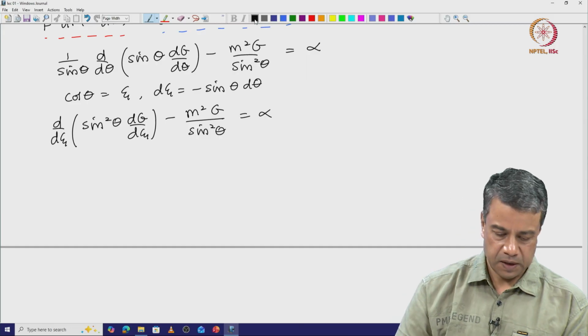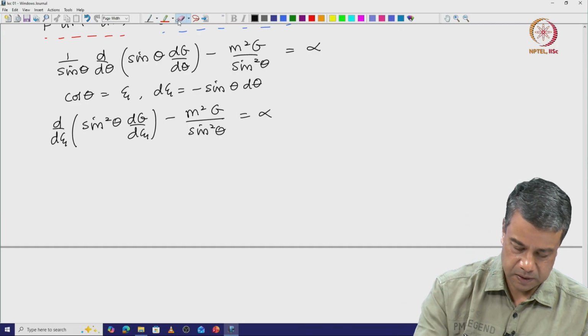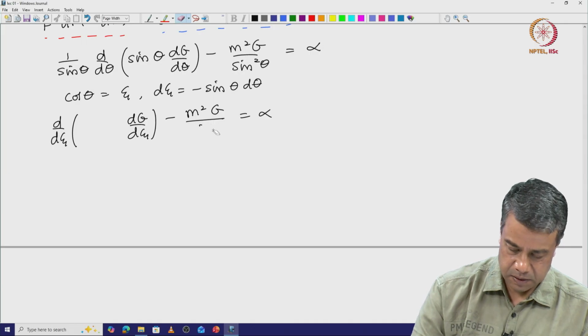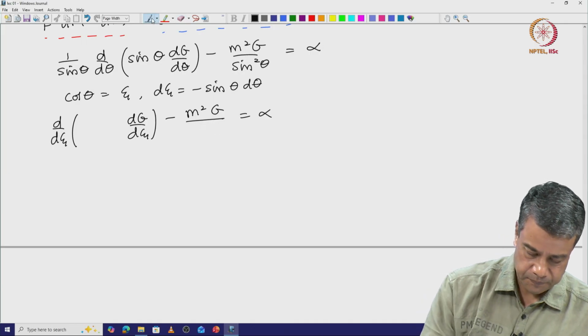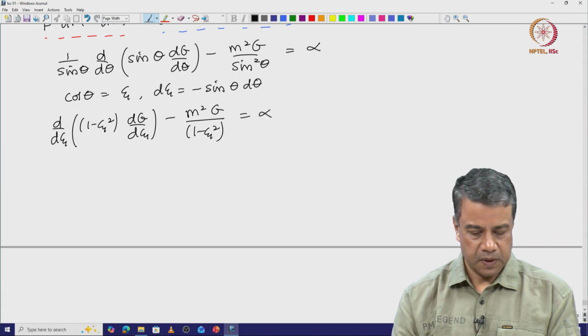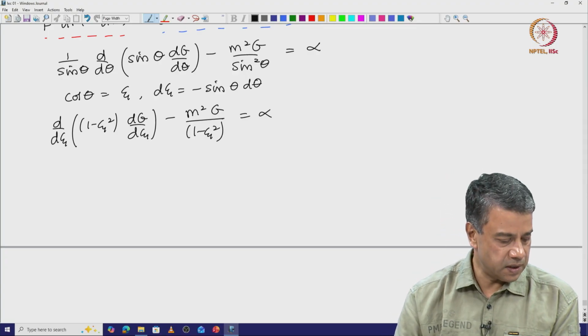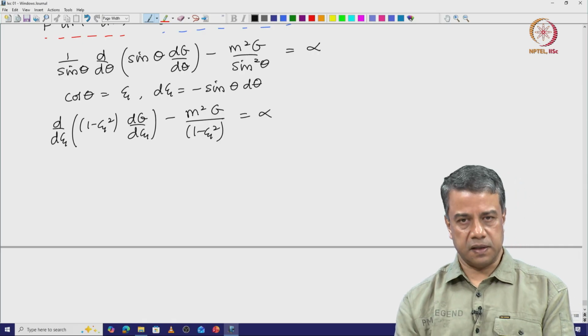And since cos θ is ψ, sin² θ is 1 minus ψ². So, this is the equation that we get in the theta direction.